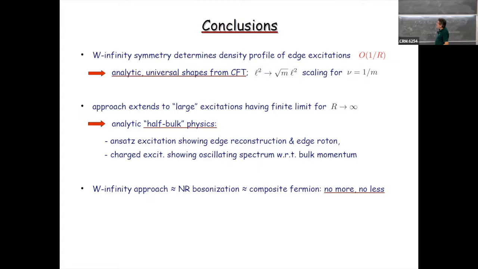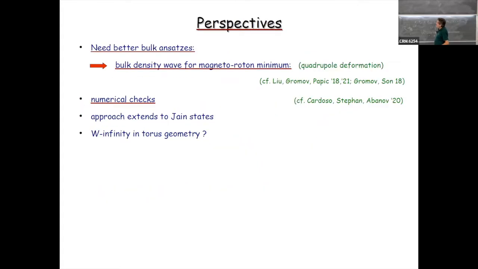So what to do next? My real goal would be to describe these excitations deep in the bulk. In particular, this magnetoroton minimum is supposed to correspond to a spin-2 deformation, and there is recent numerical work that supports this. So my plan is to see whether I can get some analytic result with a proper choice of ansatz, maybe the same that is used in numerics.